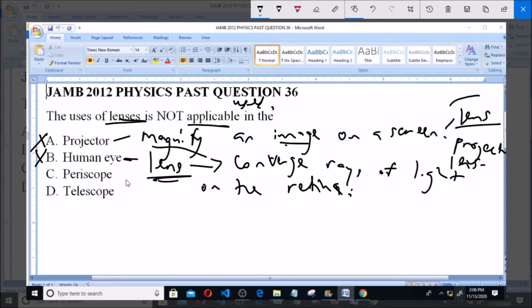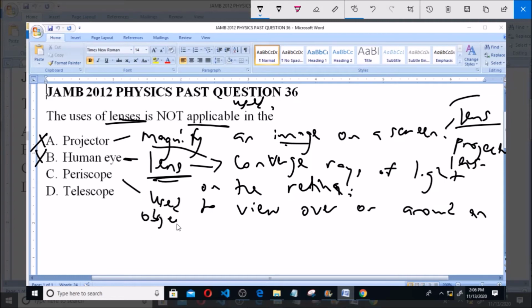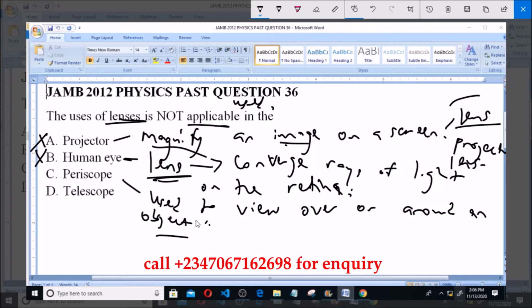Now C says periscope. A periscope is an instrument that is used to view over or around an object. So let's say you have an object like a mountain. A periscope is used to view over that particular object from a point where visibility is usually poor.